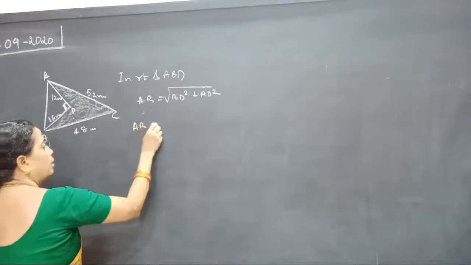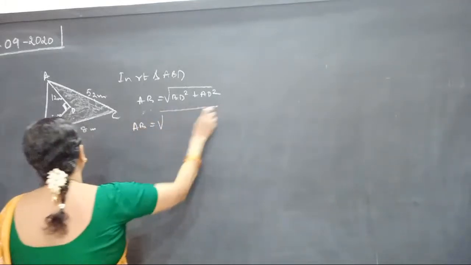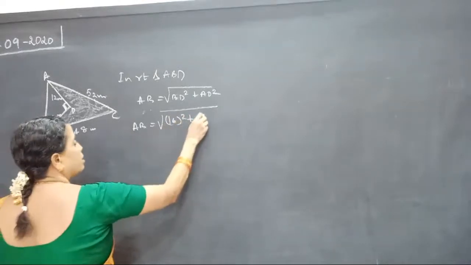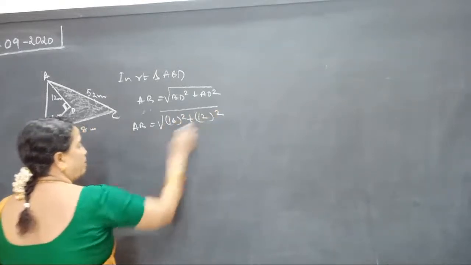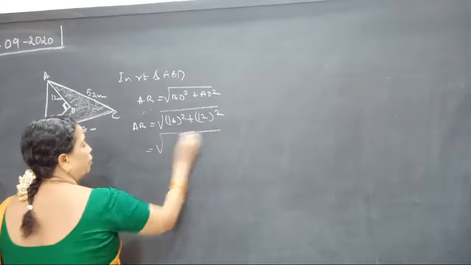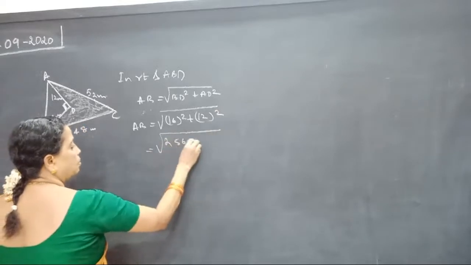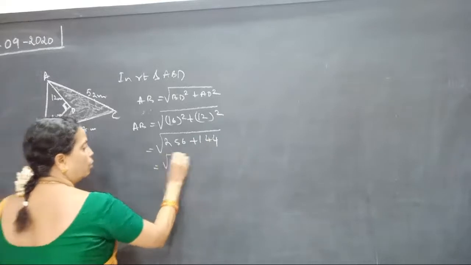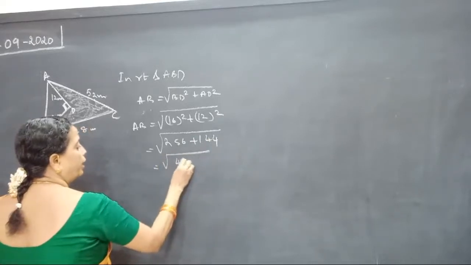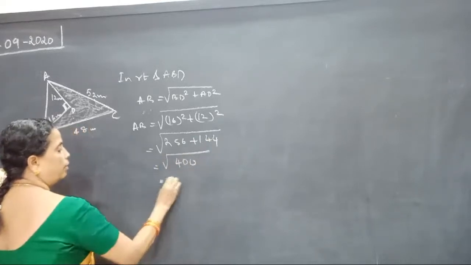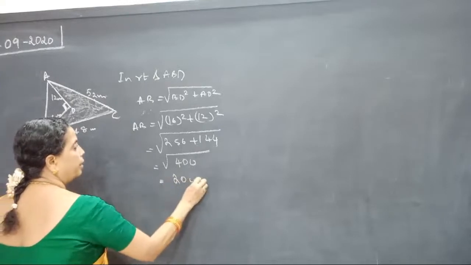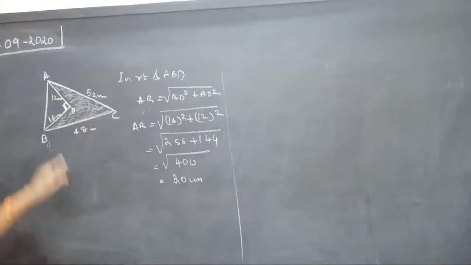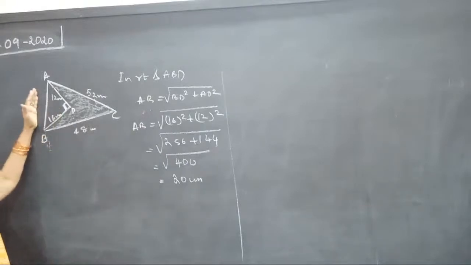AB equals root of BD is 16 square, AD is 12 square. It is root of 256 plus 144. It is root of 400 equals 20 centimeter. First part over. So by Pythagoras we got this.